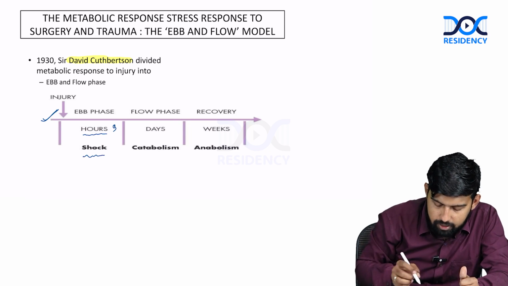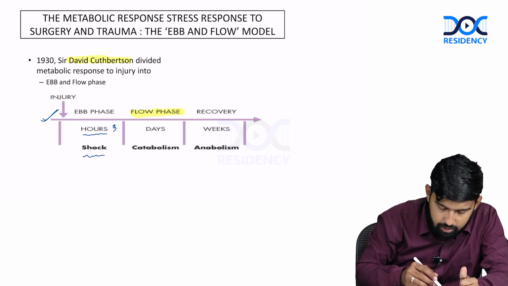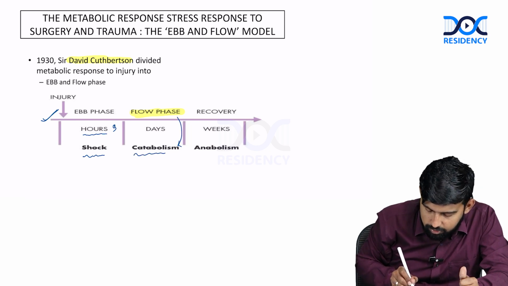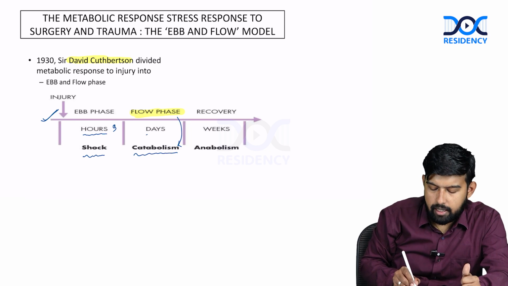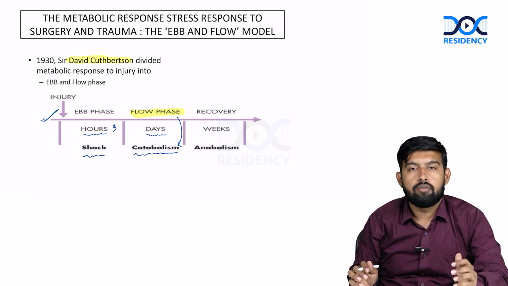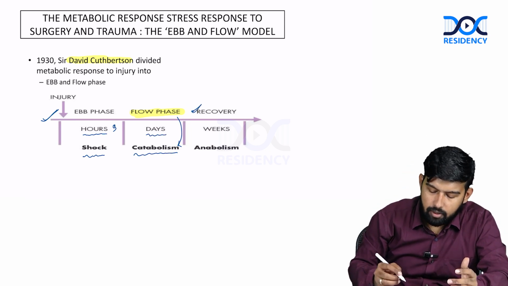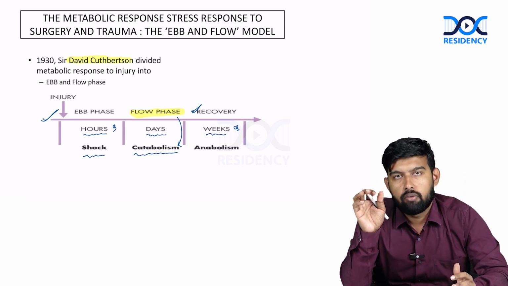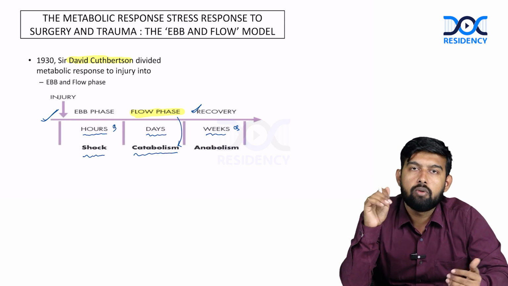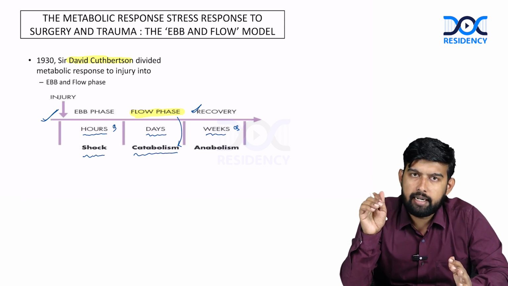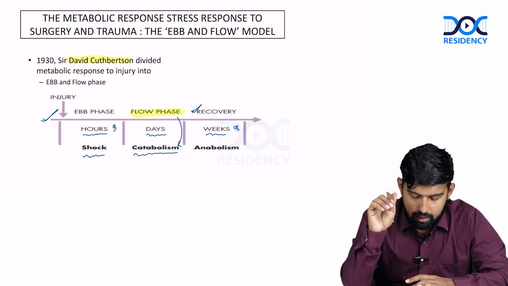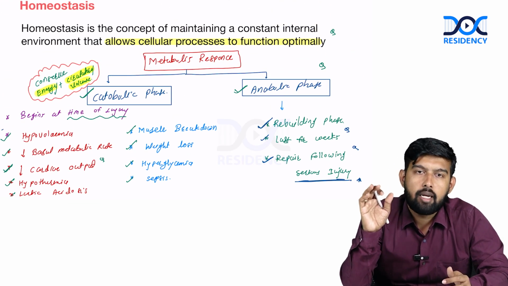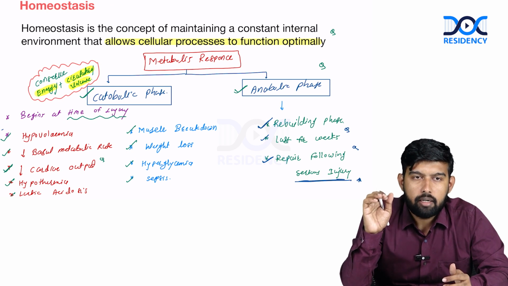The flow phase is characterized by the catabolic phase, which lasts for days, and the anabolic phase, which is the recovery phase, which lasts for weeks. This was the old concept, which has now been removed from the recent edition of Bailey, but they have mentioned the catabolic phase and the anabolic phase of the metabolic response.